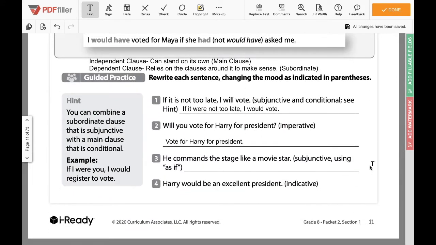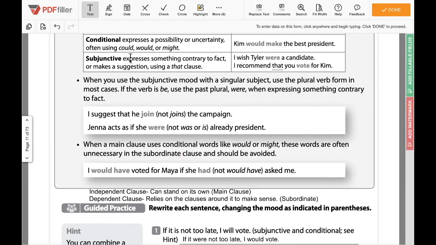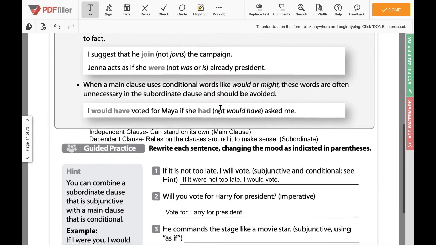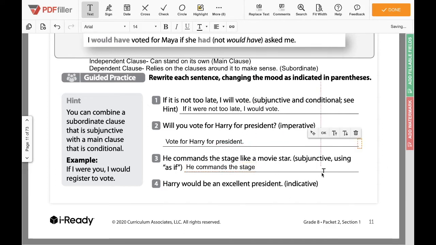He commands the stage like a movie star. So that's going to be subjunctive using as if. So subjunctive expresses something contrary to fact or makes a suggestion. And we need to use the phrase as if. So we're going to start the same way. He commands the stage. And then what's our verb here, other than commands?